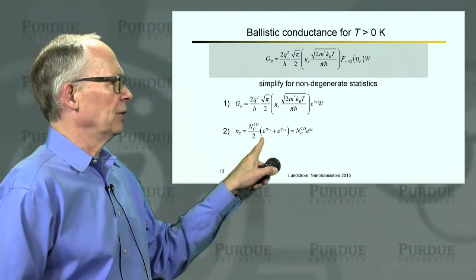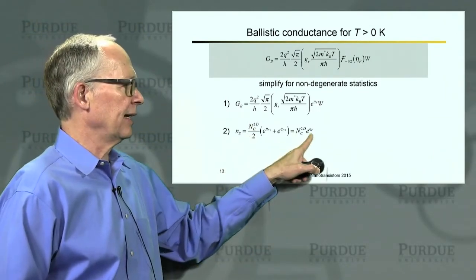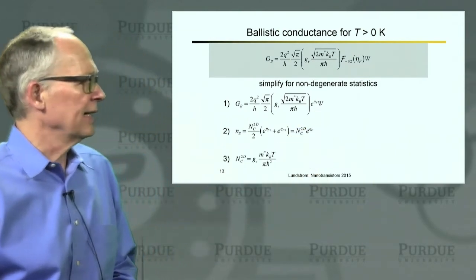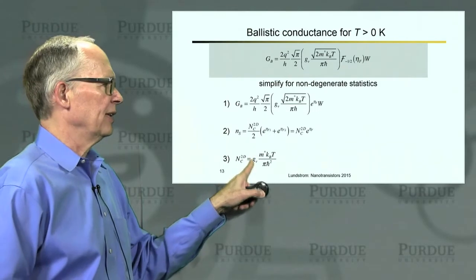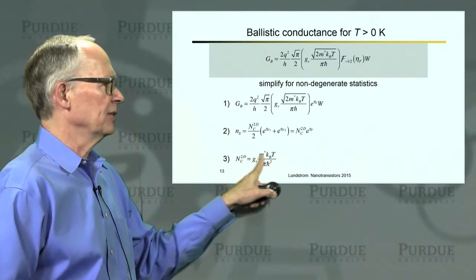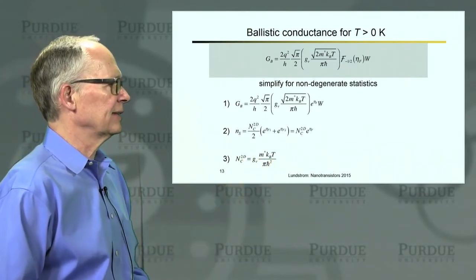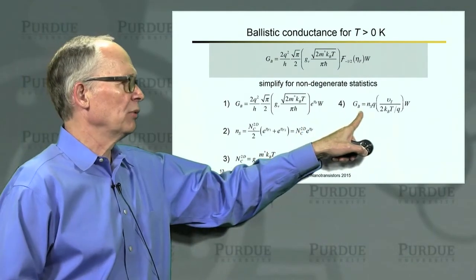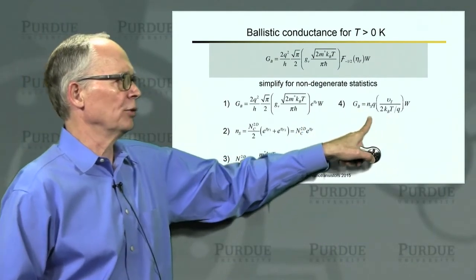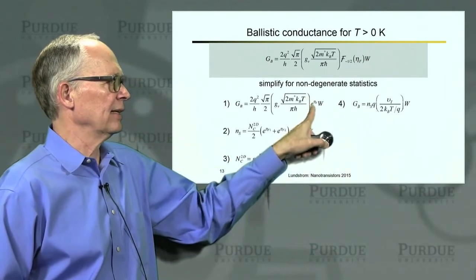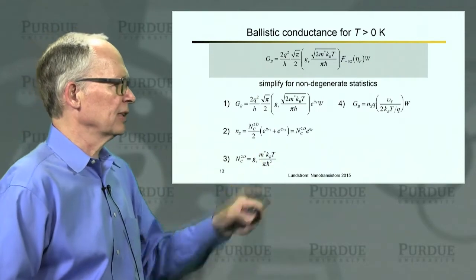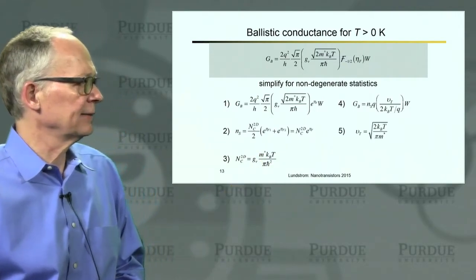So you can see I can relate the electron density to e to the eta F, and I can use that in the first equation. Then along with the definitions of the 2D effective densities of states, I can put that all together, and I can rewrite this ballistic conductance in this form. So I've simply eliminated the e to the eta F. We've used the definition of the effective densities of states.